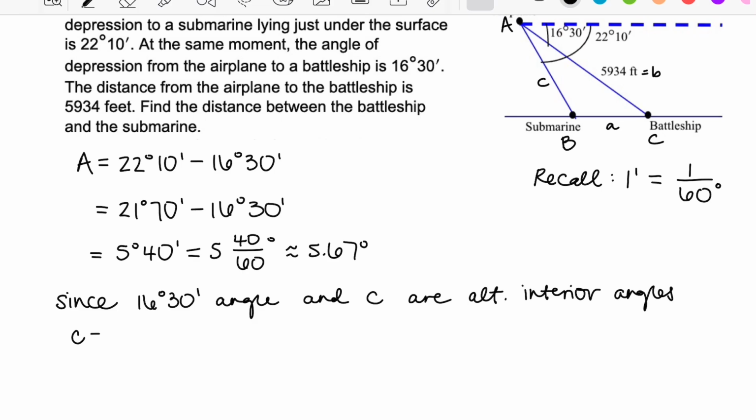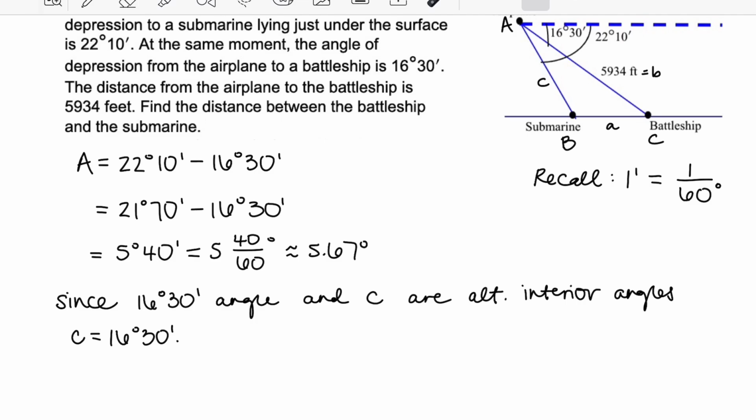Our angle C is going to be exactly equal to this angle here. Like I said, if that is unclear, go check out the last video on section 11.1, and that'll be on the last example that we did.